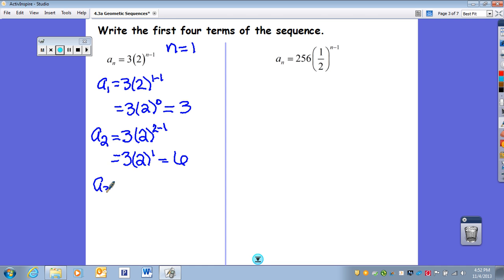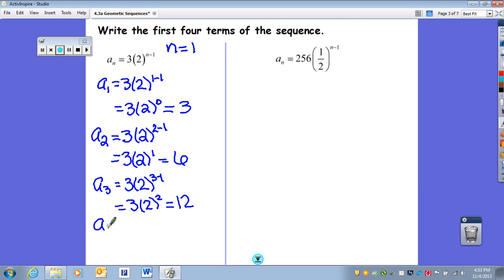I want the third term in my sequence. So I have 3 times 2 to the 3 minus 1 power. That equals 3 times 2 squared. 2 to the second power is 4. 4 times 3 is 12.